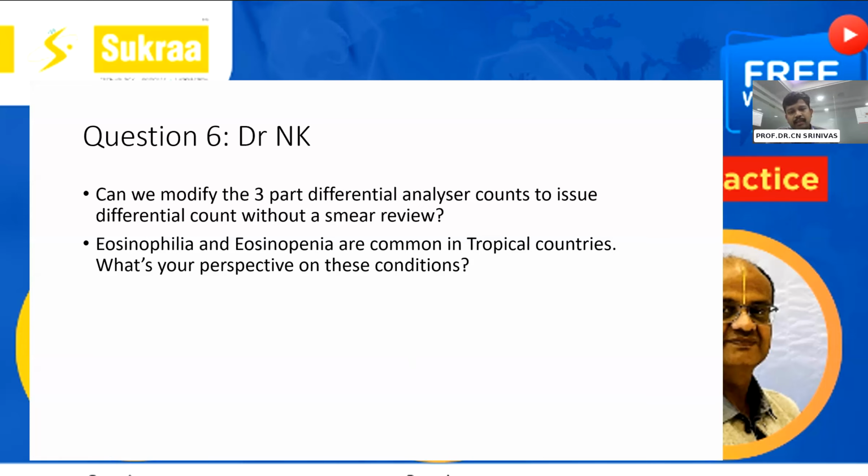As the name indicates, a 3-part differential analyzer can give the differential count of the WBCs with respect to whether it's a neutrophil, a lymphocyte, or mixed. Mixed comprises basophils, eosinophils, and monocytes. This classification is done in most 3-part analyzers based on the size of the cells.